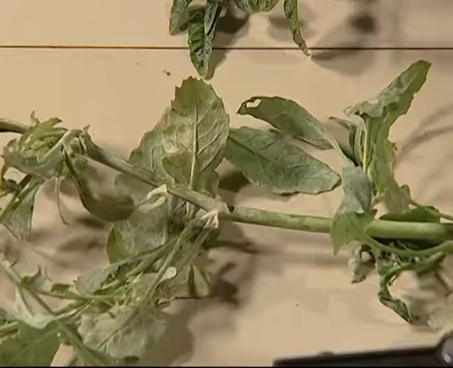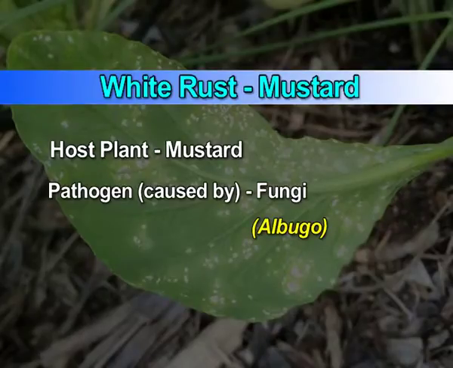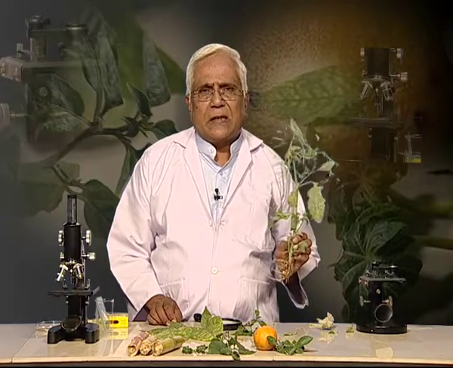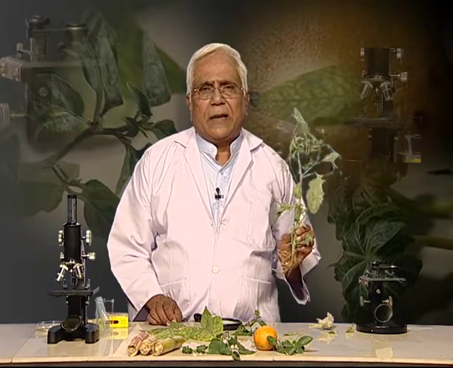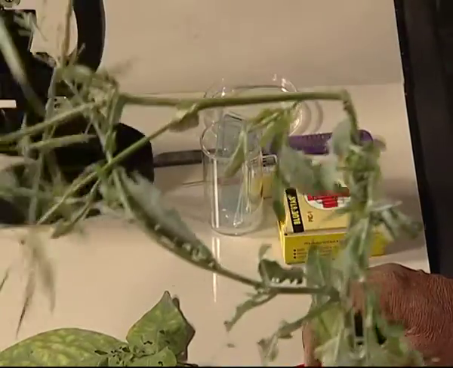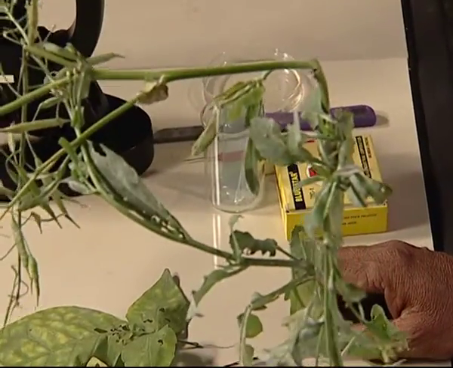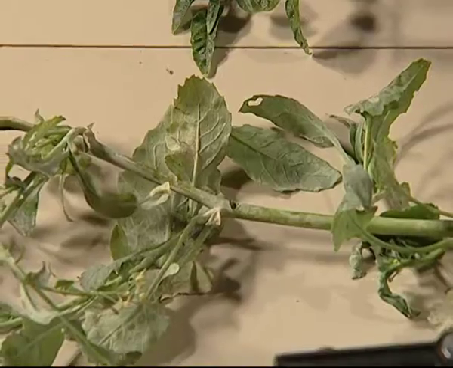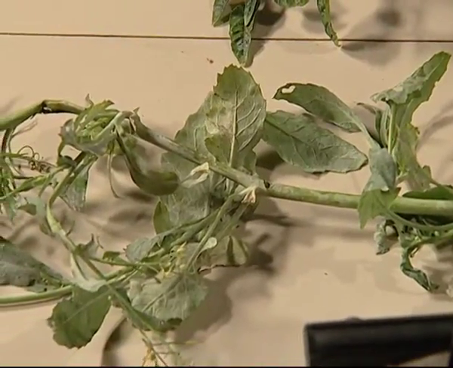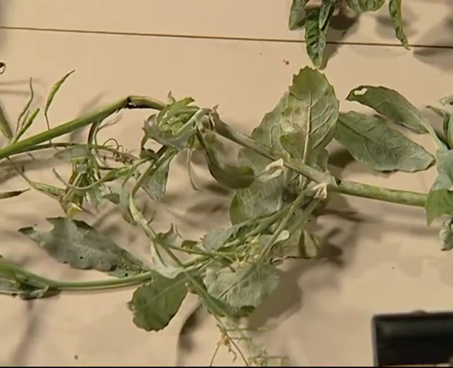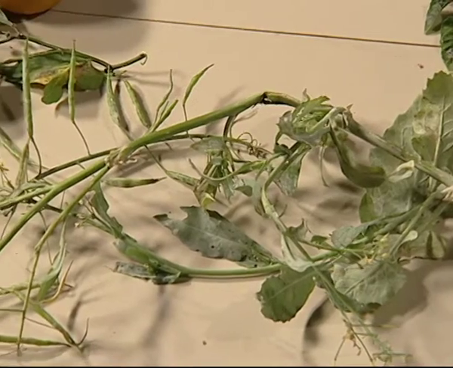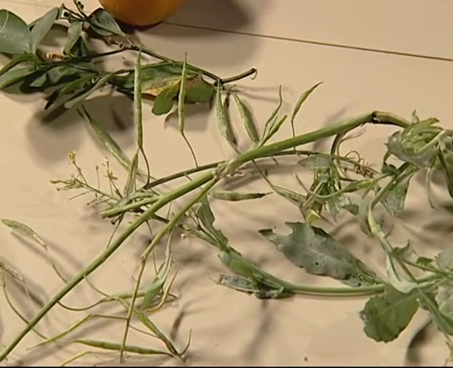The other disease is white rust in mustard. Here we have a specimen of the mustard plant infected by the white rust. Again, this is a fungal disease caused by Albugo. It is an endoparasite, infects the aerial parts of the plant, especially the leaf.